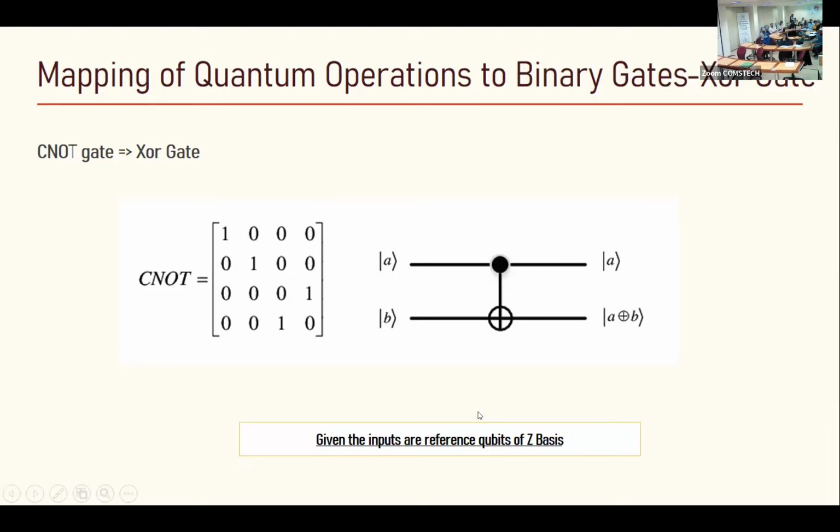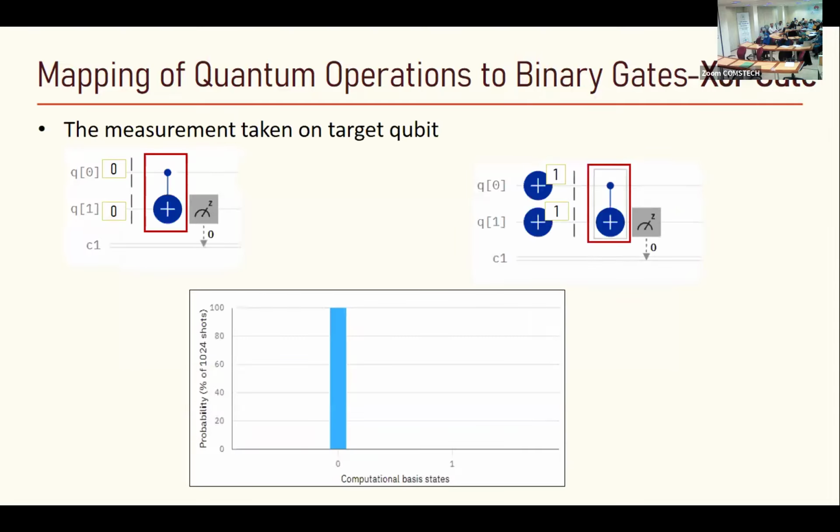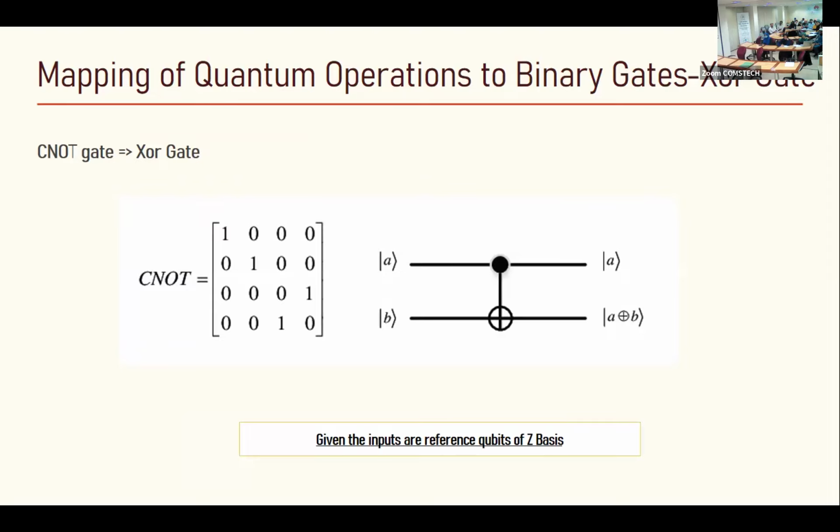So what have we said earlier? Same gives 0. When the inputs were 0 0, the target bit output was also 0. When the inputs were 1 1, the target bit output was again 0. With me? Now take a minute and verify that different gives 1.